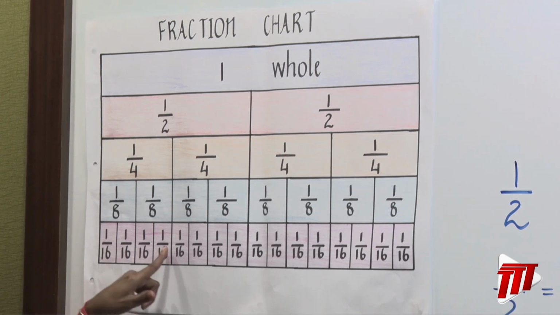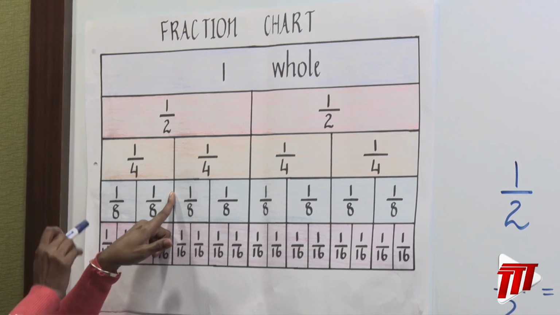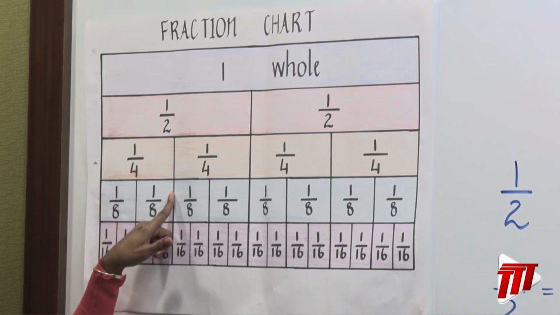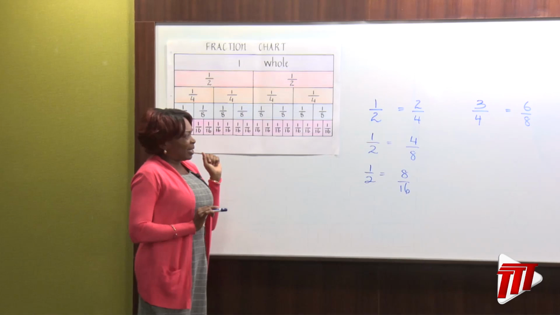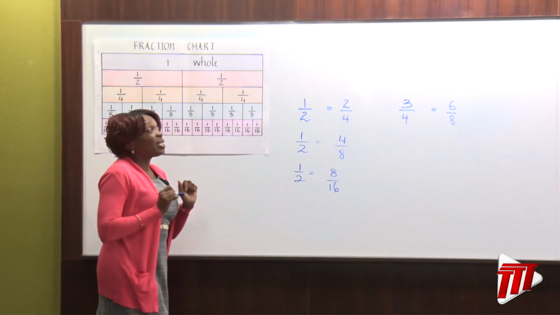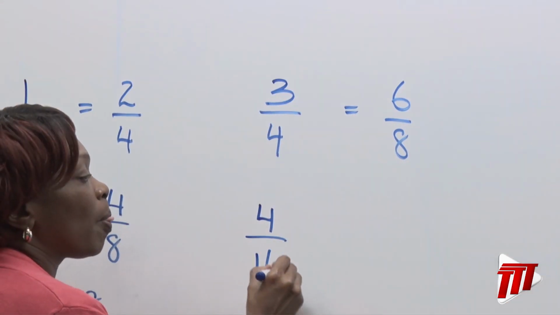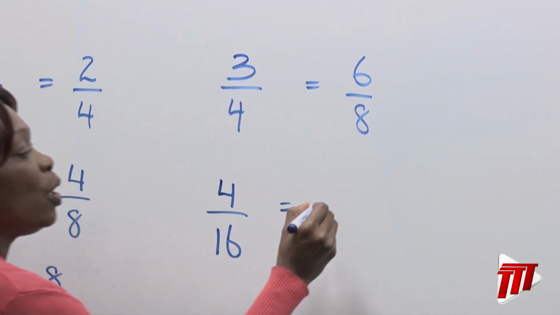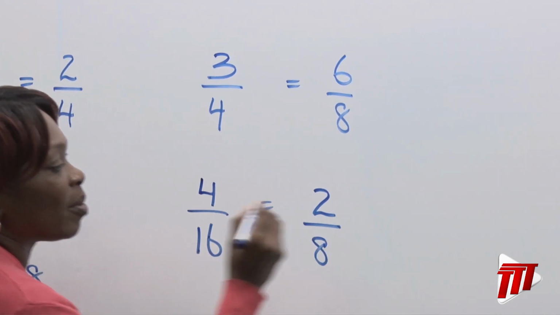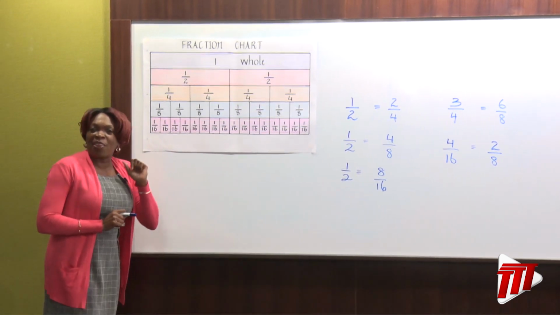Let's go up now. Let's count how many eighths. 1, 2. So I am bringing it to your attention that you can do it the opposite way as well. So we are saying that 4/16 is also equal to 2/8. Isn't that interesting?